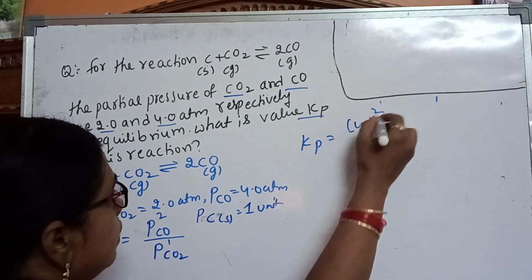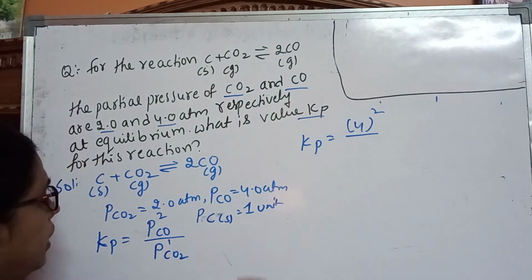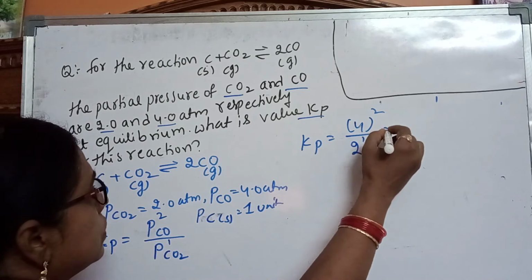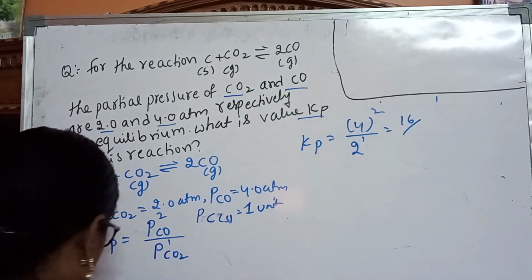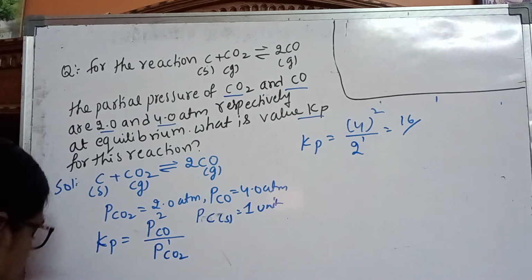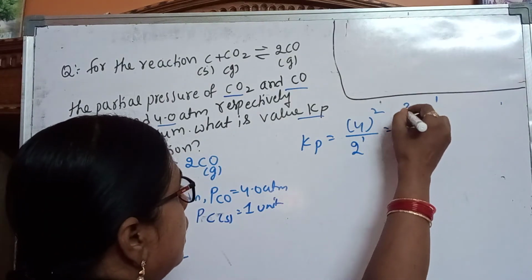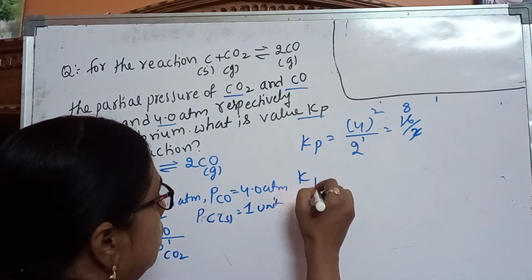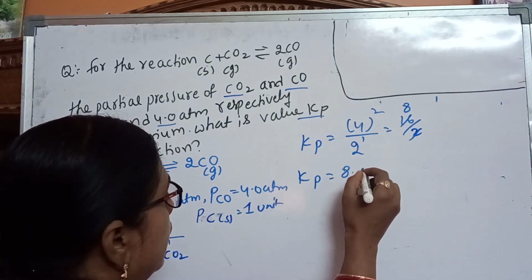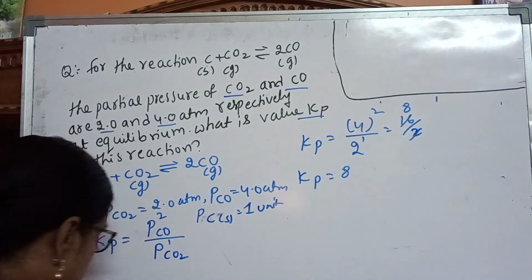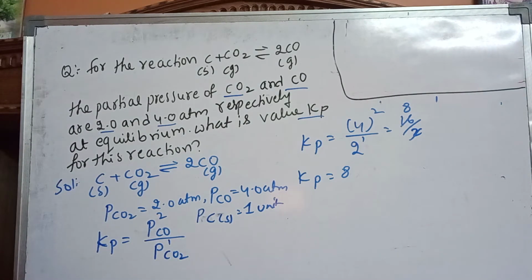So the partial pressure of CO is given as 4, so 4 whole squared, divided by the partial pressure of CO2, which is 2 to the power of 1. So 16 by 2. How much do we get here? 8. So Kp is equal to 8.0.